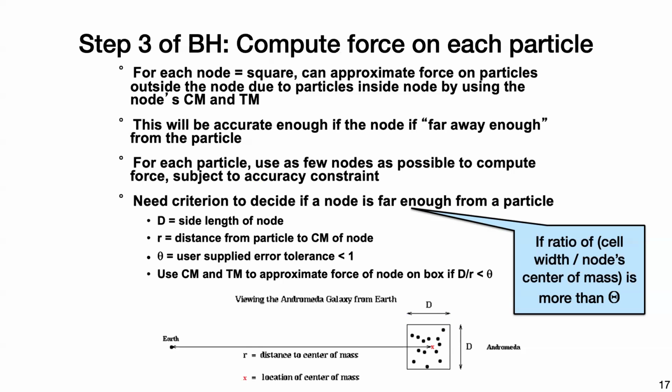The criterion is parameterized by theta, where d is the side length, given by how you cut the quad tree, and r is the distance from the particle that you care about to the node under consideration. Theta is just some error that you can tolerate, and you do the approximation if d over r is less than theta, the desired error bound.